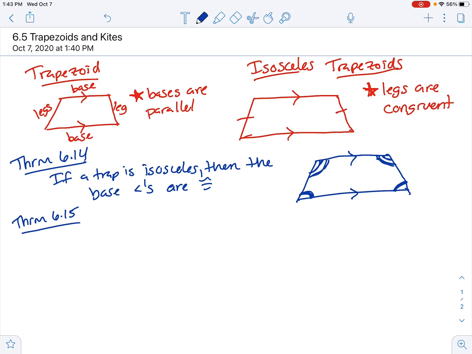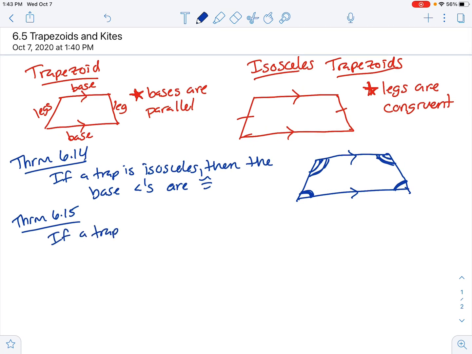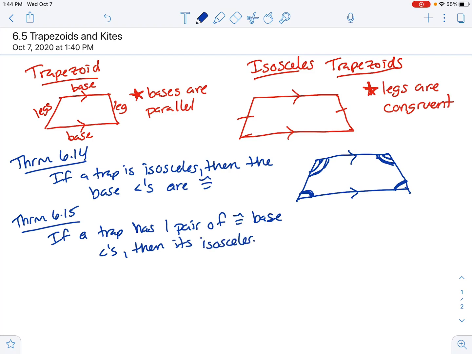Theorem 6.15. If a trapezoid has one pair of congruent base angles, then it's isosceles.